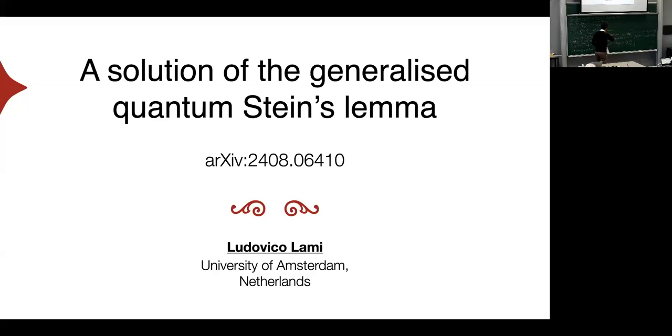Let me write a slightly more general version due to Ogawa, who proved what is called the strong converse version of the theorem. Strong converse version of the theorem means that what I said before, the limit in epsilon and the limit don't play any role.